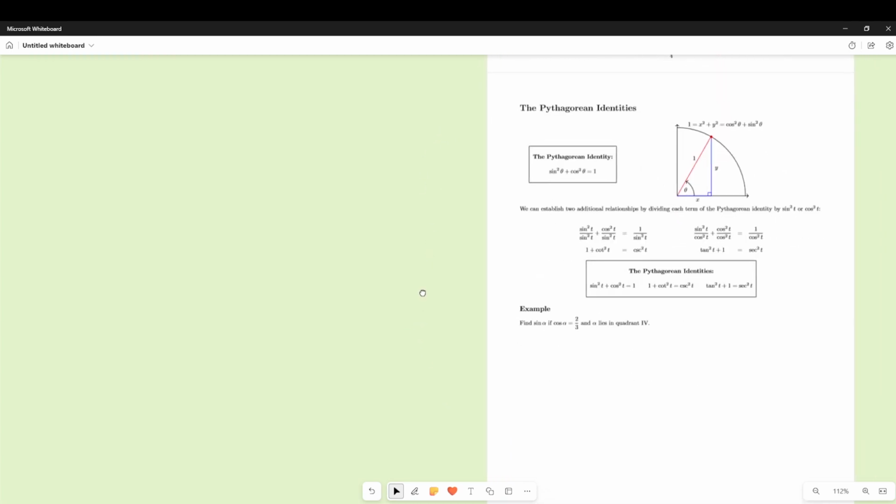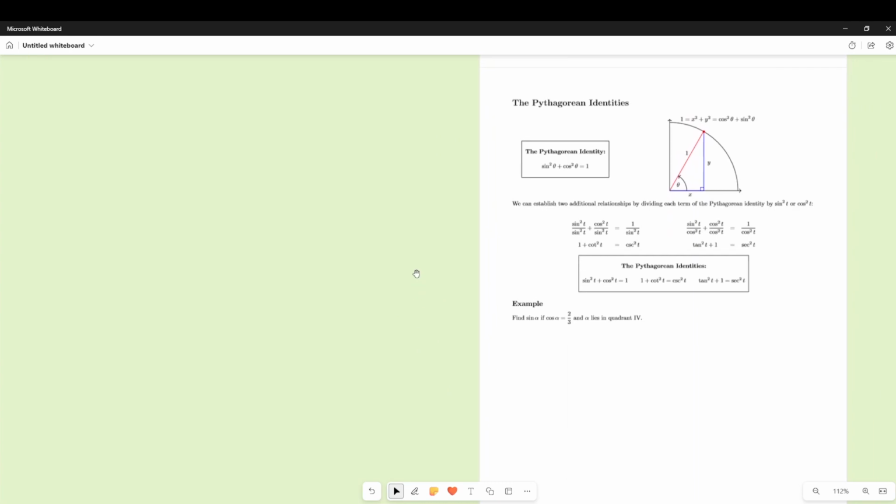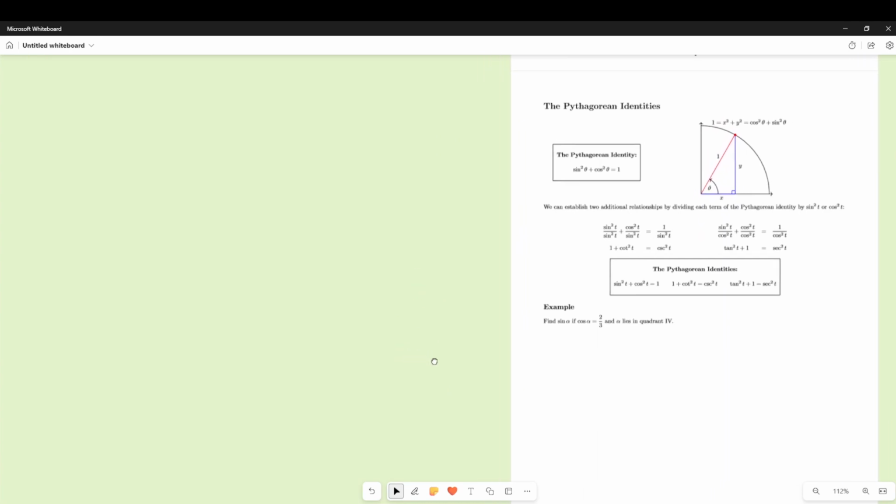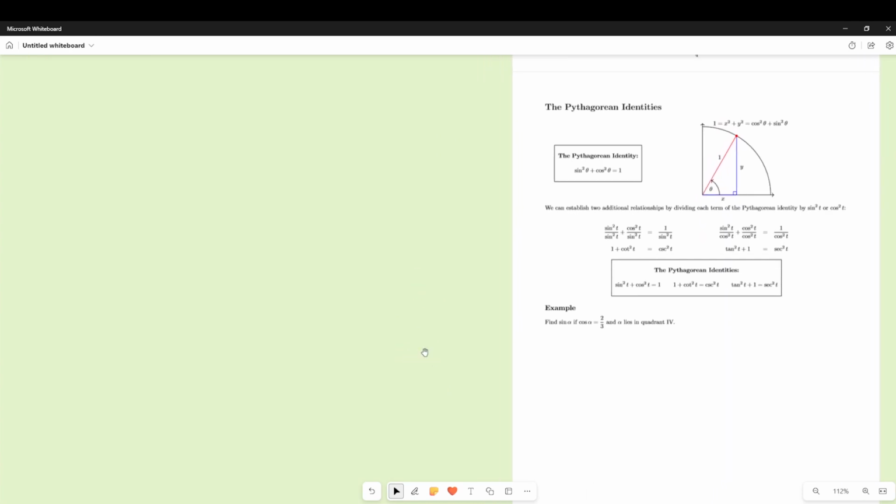The Pythagorean identities are actually fairly nice because they're based, as the name implies, on the Pythagorean theorem. So if we consider a circle of radius 1, keep in mind that if this length is 1, this length is 1, this length is 1. Any radius going out to that circle has length 1.